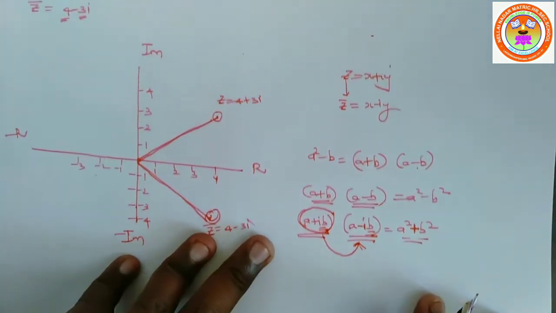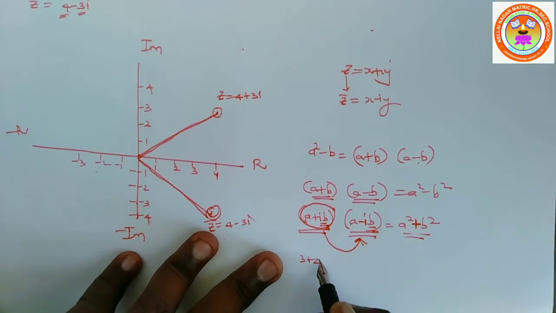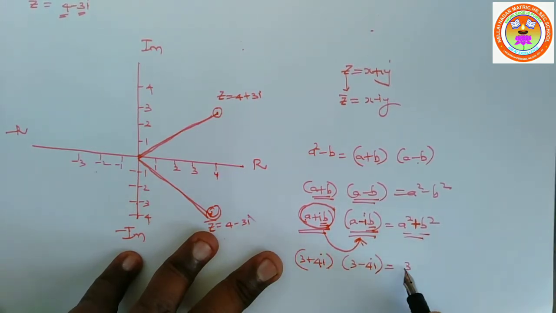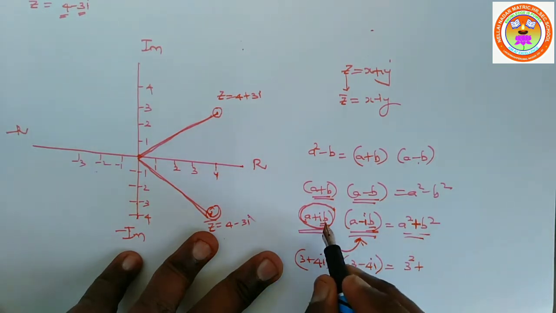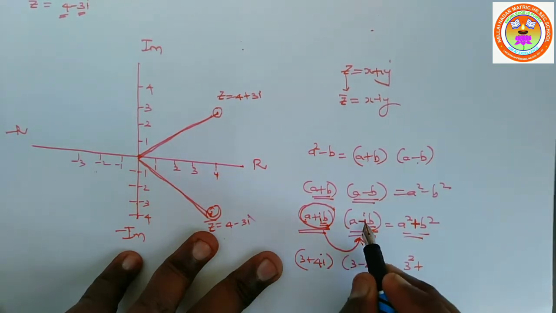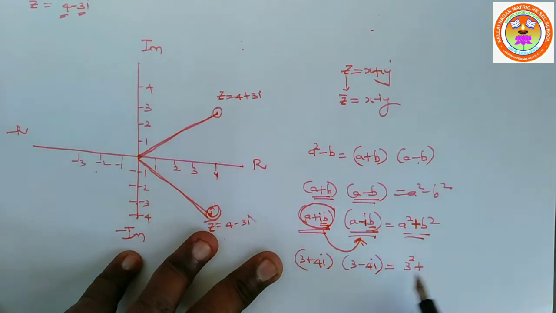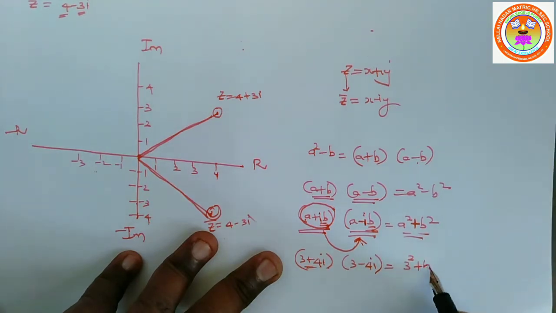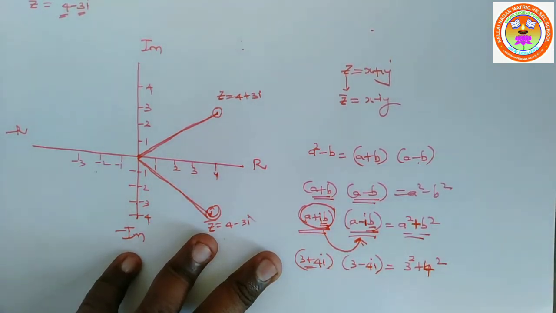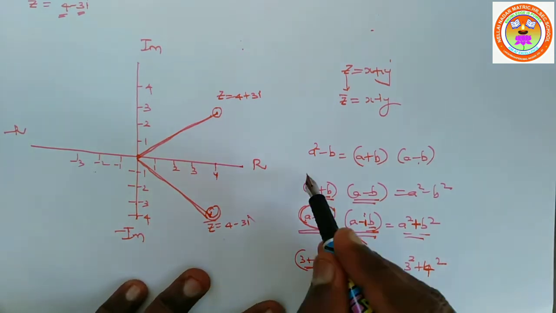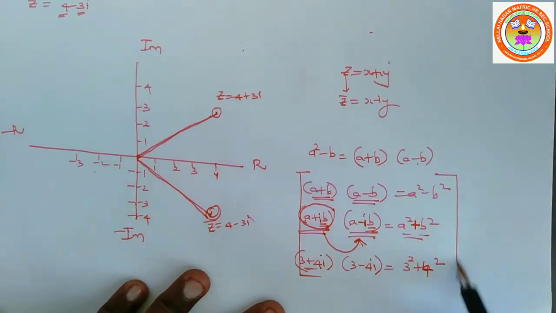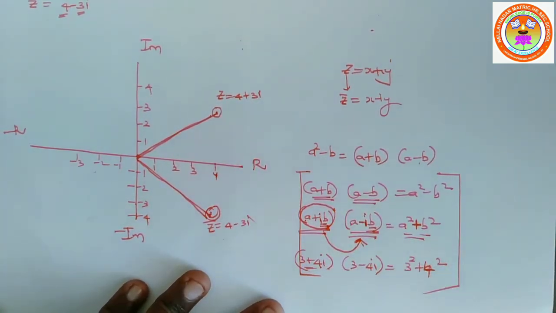I will give a few examples. 3 plus 4i, 3 minus 4i. I can write 3 square, and only b alone I need to take. I should not take i, only b square. So b is nothing but 4. So 3 square plus 4 square. This is a very important one.